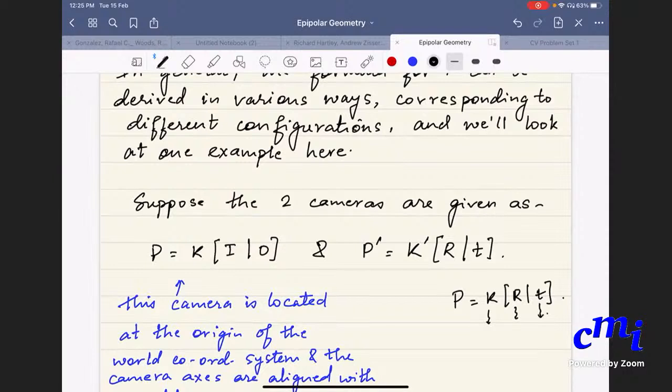K is a 3x3 matrix where, if you're writing this in pixel coordinates, you have alpha x, alpha y, a possible skew, and the principal point px, py, 1, 0, 0, 0.